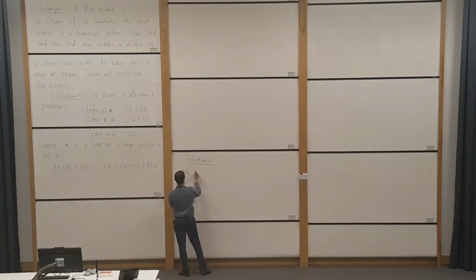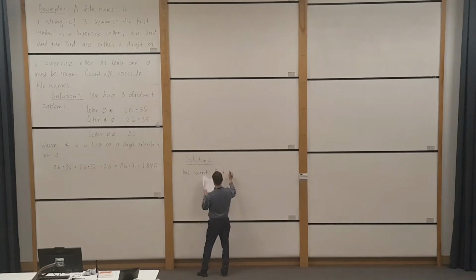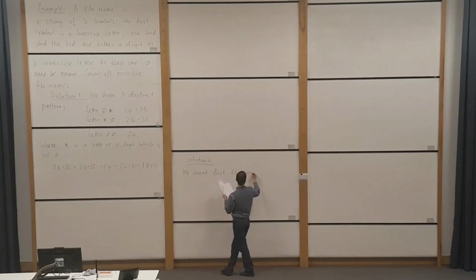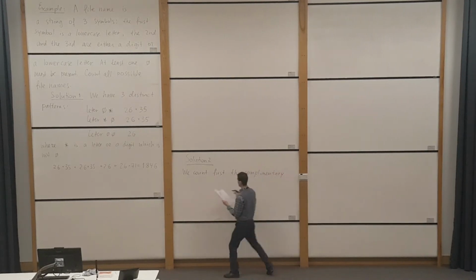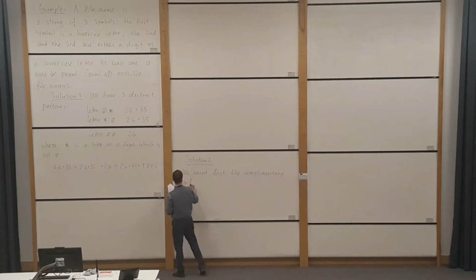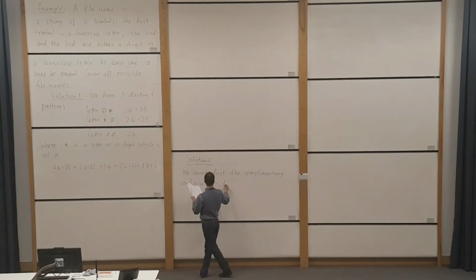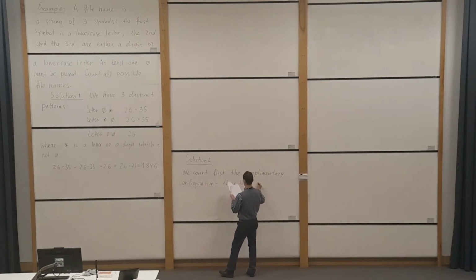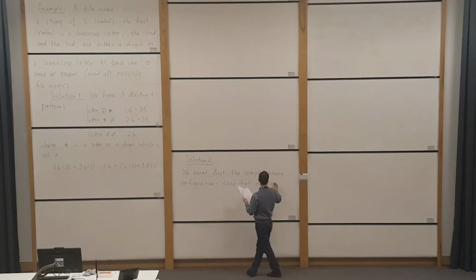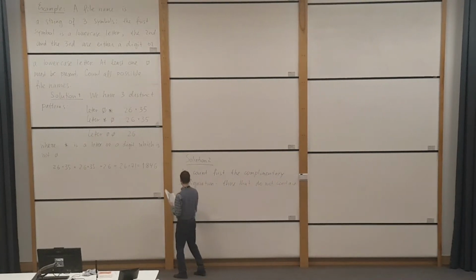So we count first the complementary configurations. Those that do not contain a 0 digit.